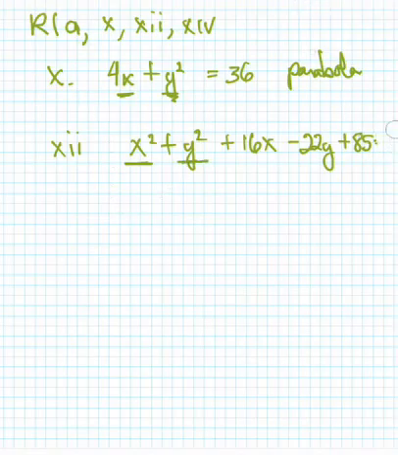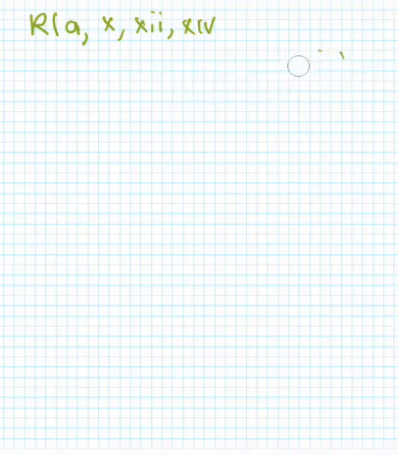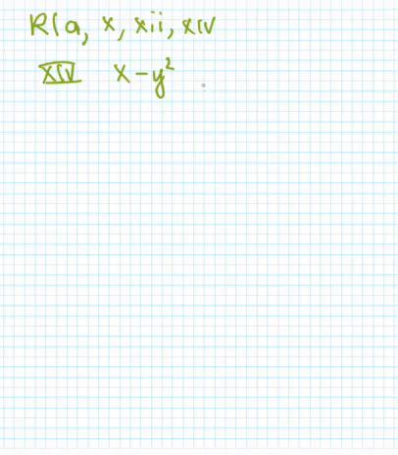I'm going to go ahead and erase, just because there's two parts to this number 14. So on 14, xiv right here, it's going to be x minus y squared plus 6y minus 3 equals 0.